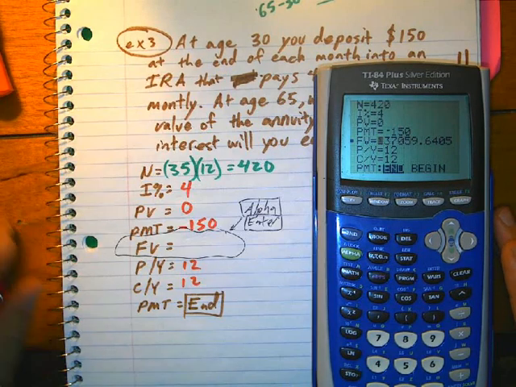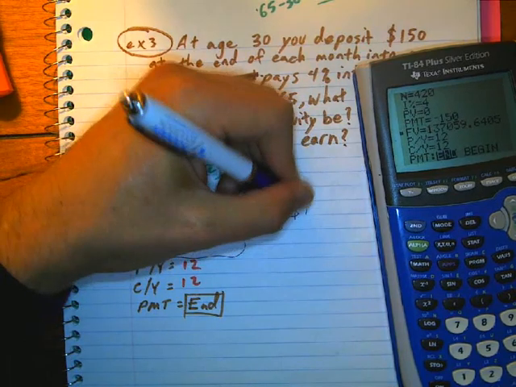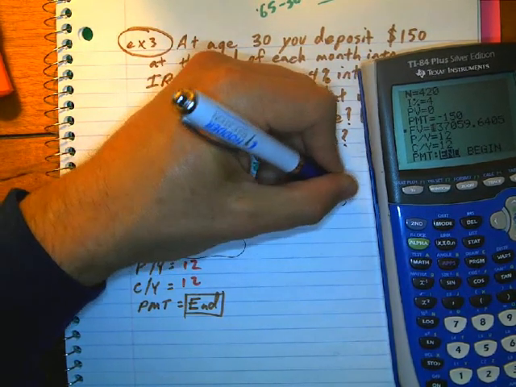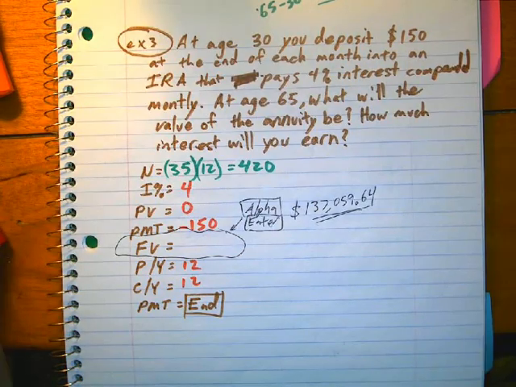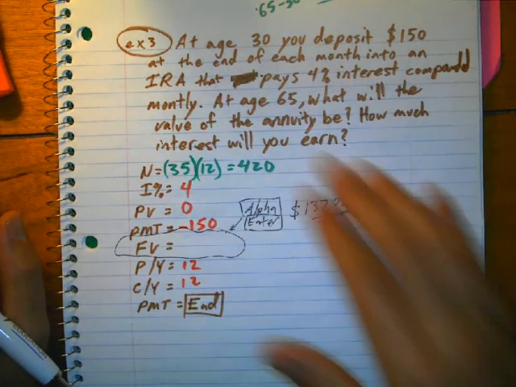And you get 137,059.64. Okay, so at age 65, the value of the annuity will be this.